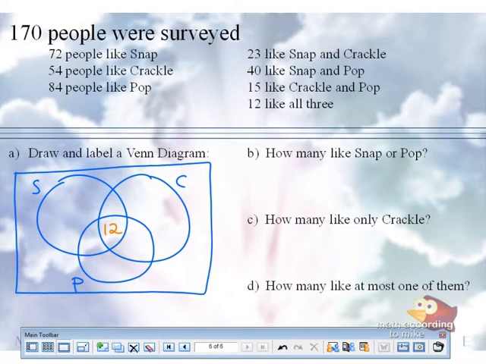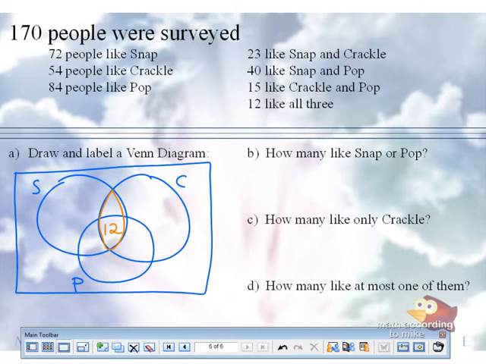We still cannot use that 72 because we're missing 3 sections, not 1. In fact, any of those first 3 numbers in the first column there we can't use. But how about 23 like Snap and Crackle? This right here is the intersection of Snap and Crackle. How many sections are we missing? 1, which means we can fill in that number.